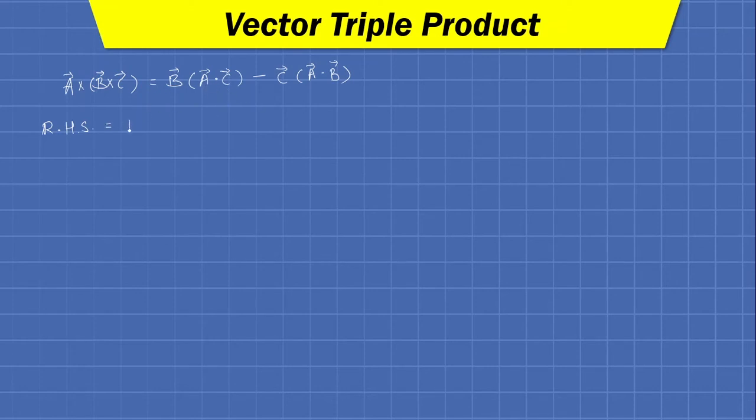So A bar dot C bar. In place of B bar we can write BX AX bar plus BY AY bar plus BZ AZ bar.